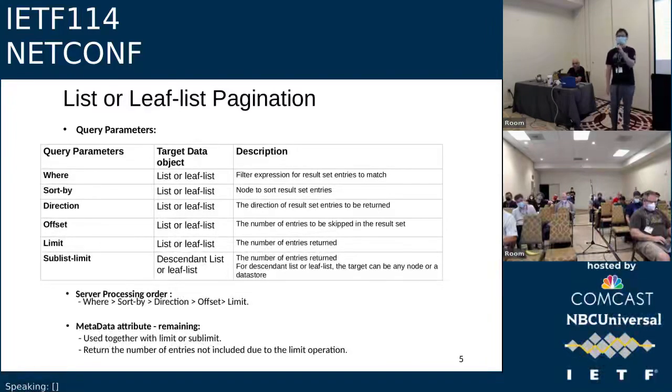We also introduce a metadata attribute, and we call it remaining. The idea is that this remaining parameter is used together with the limit or sublist limit.